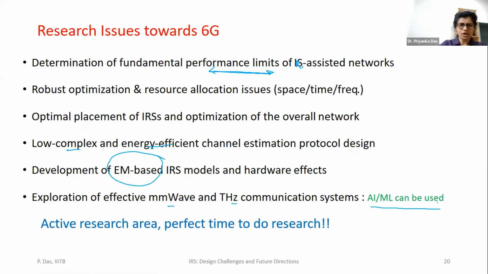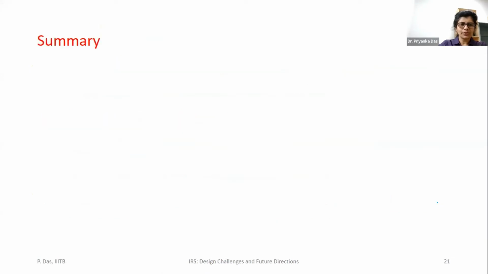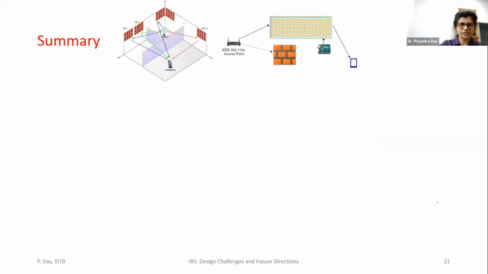So this is the right time to jump into the ocean of IRS. With this, we summarize today's workshop session. We are talking about future 6G, where we are not happy with MIMO, but people want low cost, energy efficient, spectrally efficient schemes, as a large number of devices are there, with IoT applications.